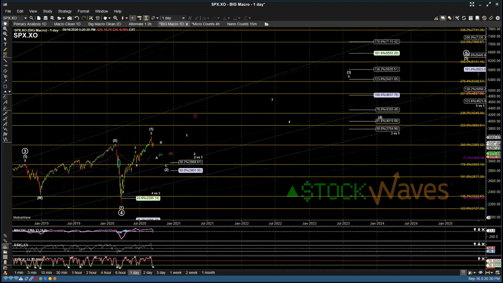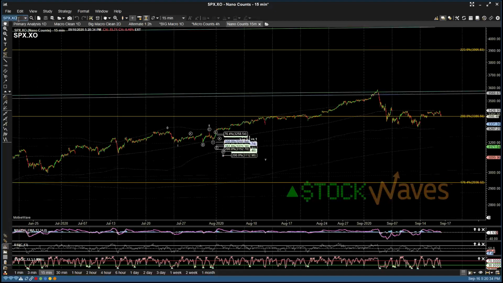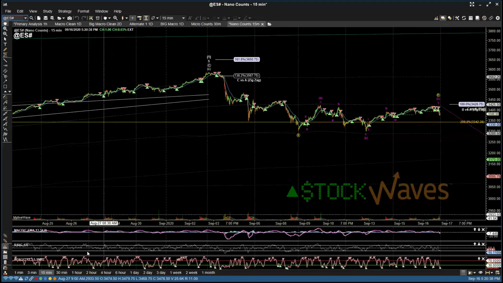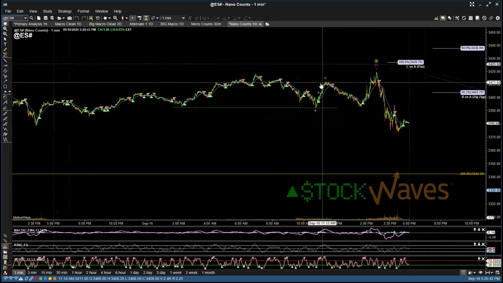Nathan, the move down on a micro level so far on the ES futures. Let's go back to the name. Even when I zoom in here, it's not clear.